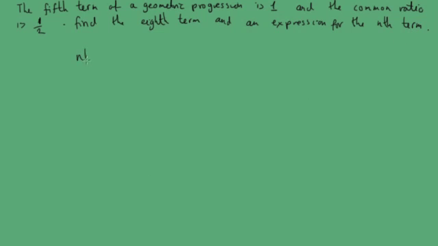So we know that the nth term is equal to A R to the n minus 1, where A is the first term and R is the common ratio. Now we don't know what the first term A is. We know that R is a half, and we know when n equals 5, the nth term equals 1.